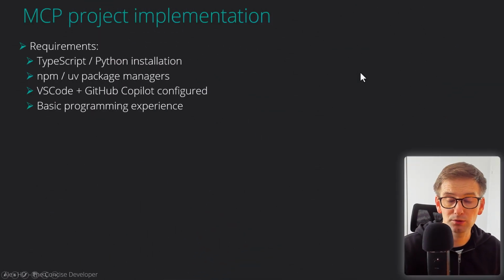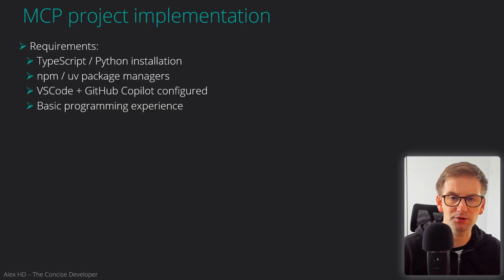Let's now talk about the requirements for this video tutorial. You need to have either TypeScript or Python installed. Also, you should have Node.js and a package manager for Node.js like npm, or for Python you will need the UV package manager. Also, you will need a code editor like VS Code.